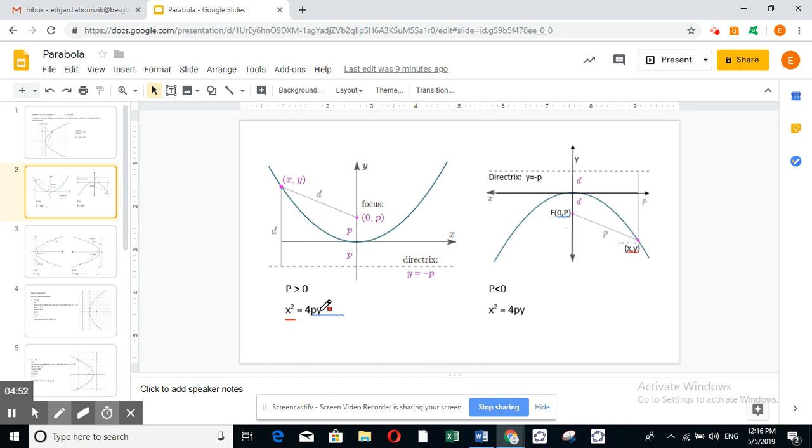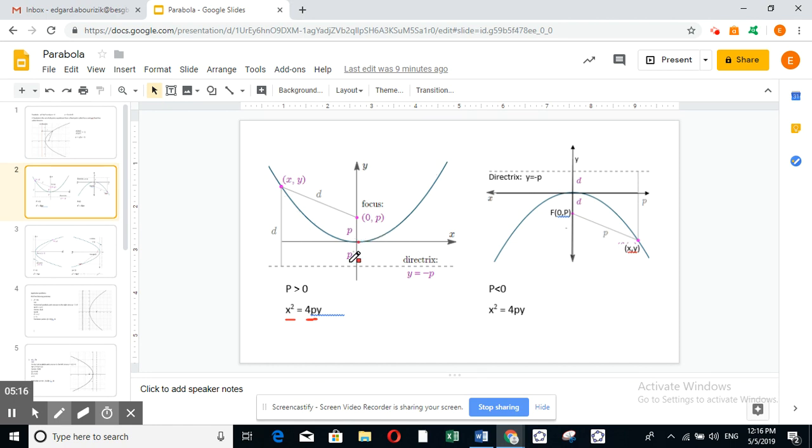If the coefficient of y, which is p, is positive, it concaves up. If p is negative, it concaves down. When you write it as x squared equal 4py, this p is the distance from the vertex of the parabola.